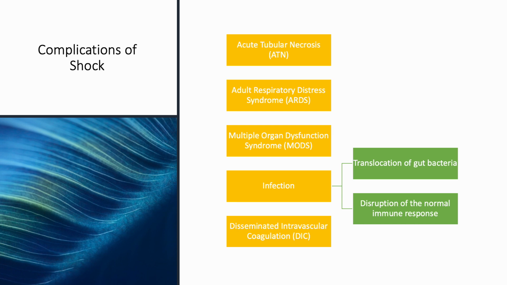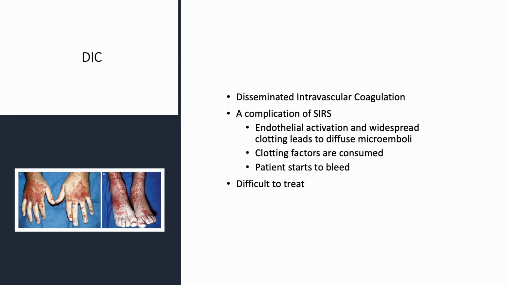Another complication is disseminated intravascular coagulation, or DIC, a condition where small blood clots form throughout the body, consuming clotting factors and leading to both clotting and bleeding problems. DIC is a severe complication of SIRS that occurs when widespread clotting is triggered throughout the vascular system.